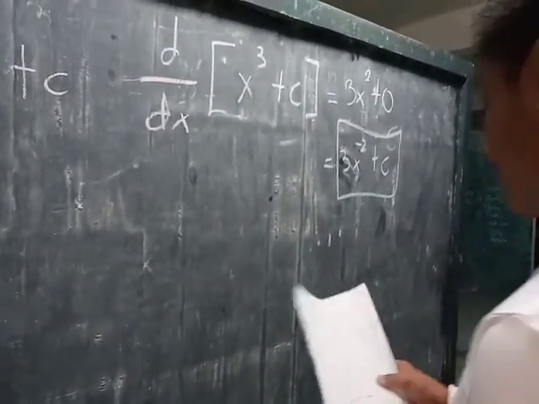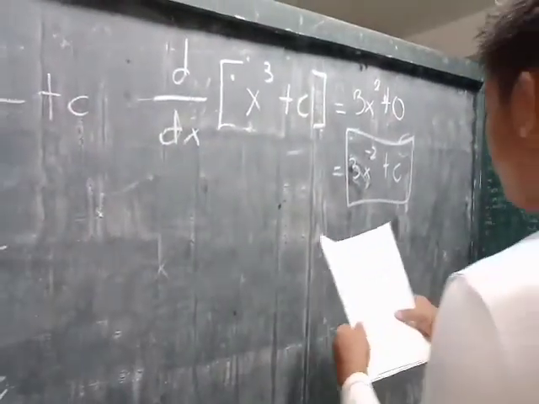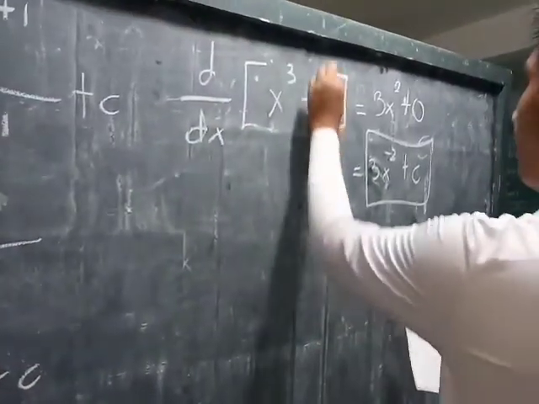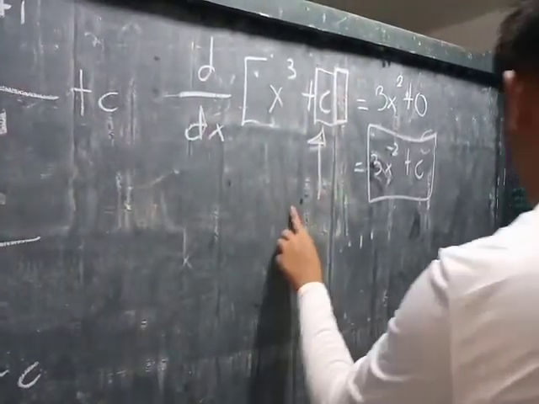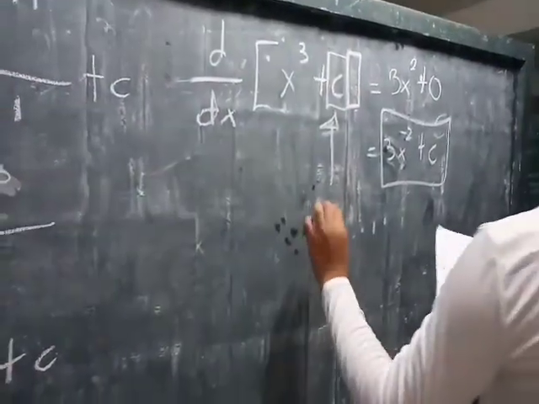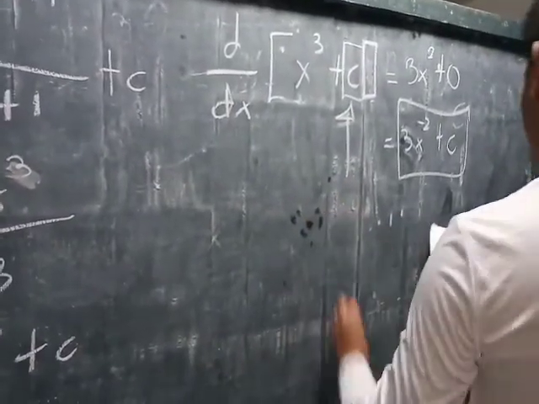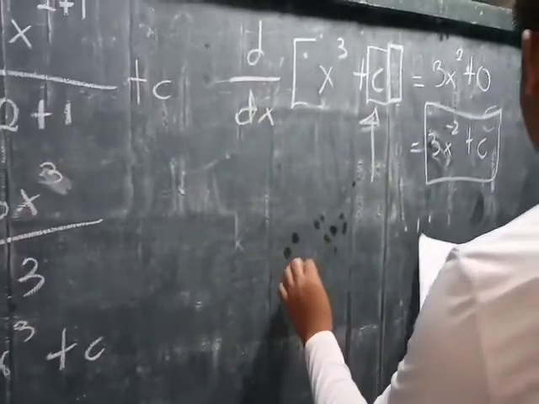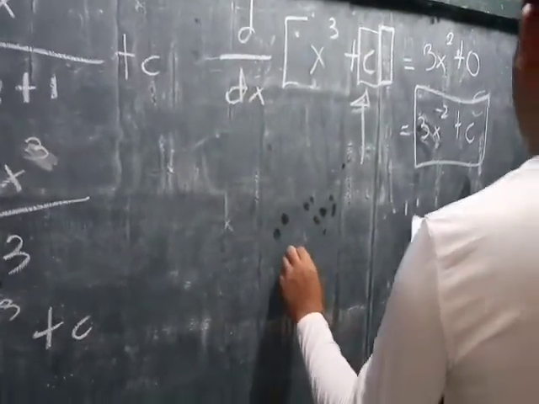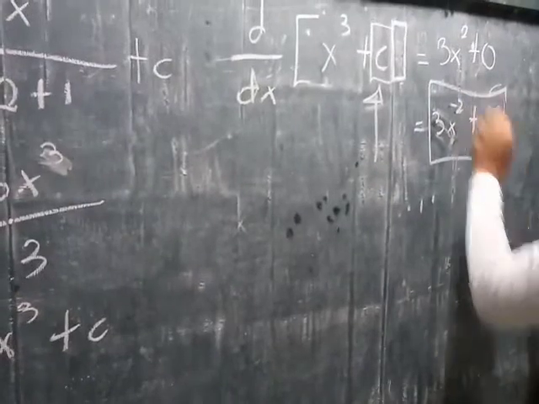The derivative of any constant is 0, so we don't know what the constant could be. It could be 0, it could be negative 8, it could be any number. But when dealing with the indefinite integral, you always need to add c as the constant of integration.